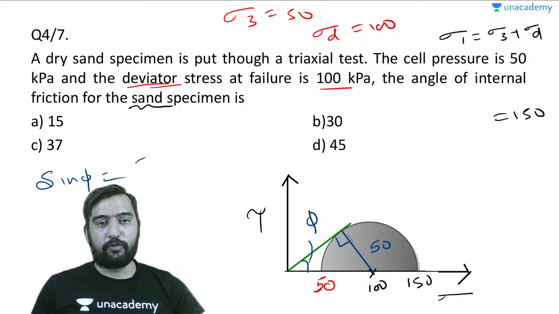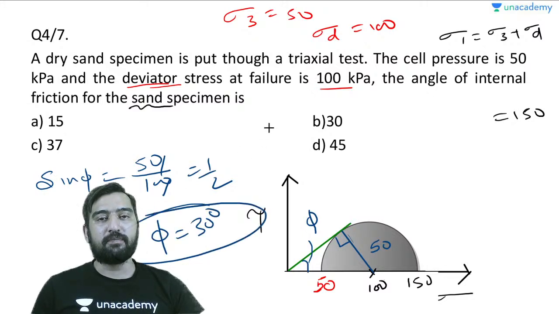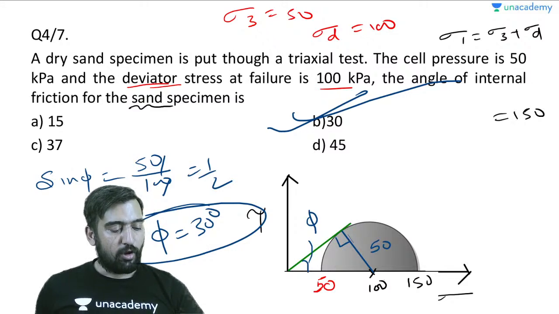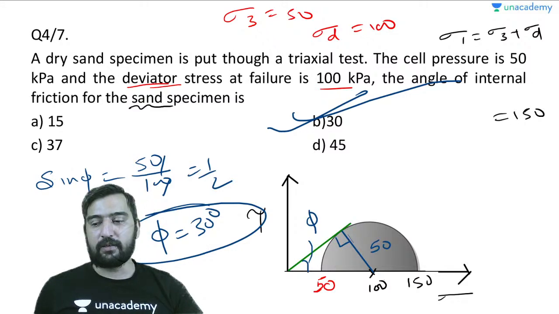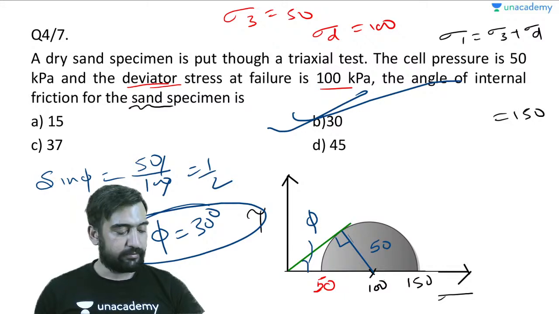So it is 50 over 100, which is 1 by 2. Very good, Rituraj. So here phi is sine inverse of 1 by 2, which is none other than 30 degrees. So option B is 100% correct. Okay, great.